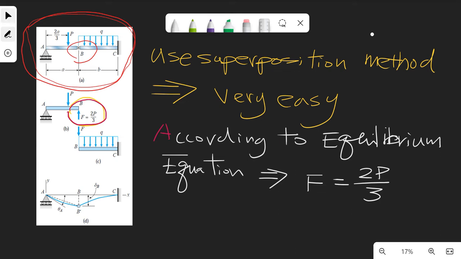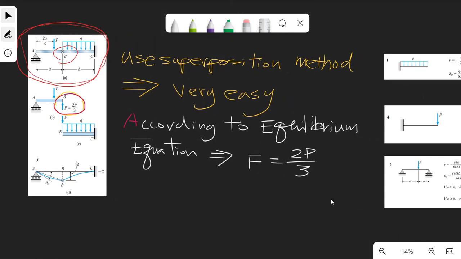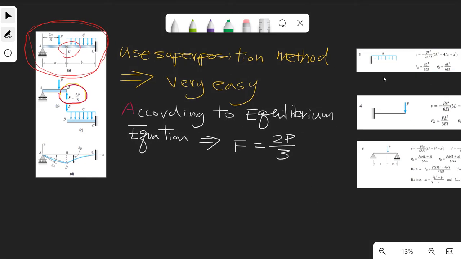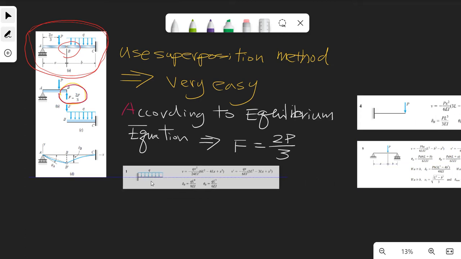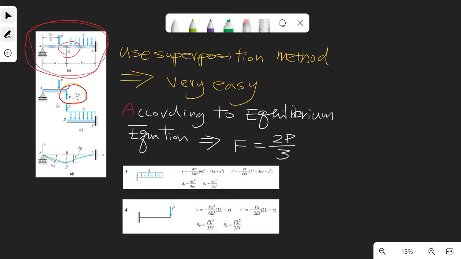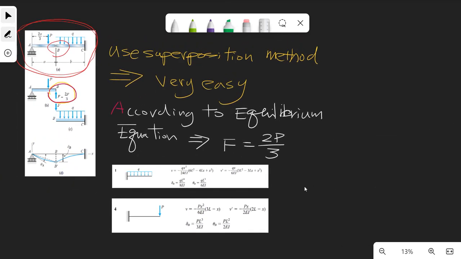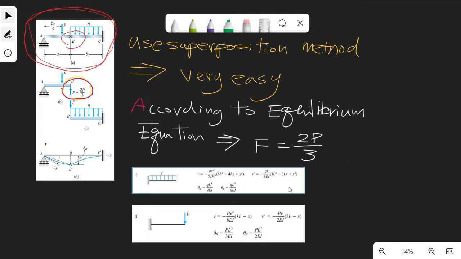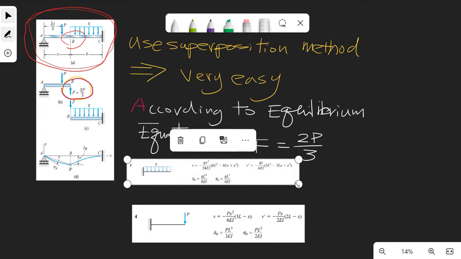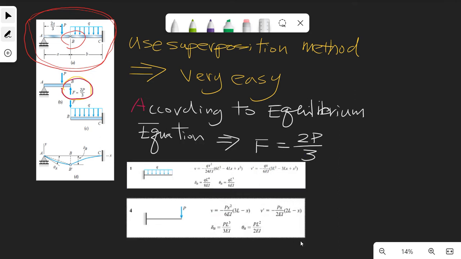Okay, with superposition it becomes very easy to solve the problem, and we can look at the appendix again for this case. This is our appendix, the deflection table.